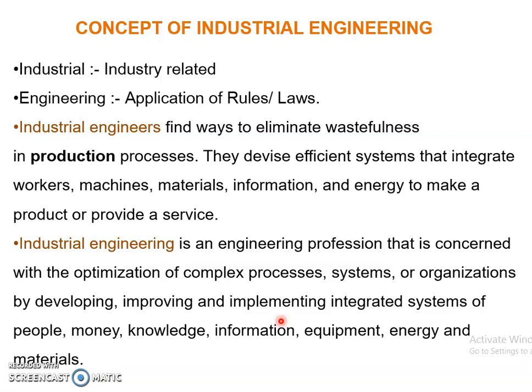Now let us discuss the concept of industrial engineering. The term industrial relates to tasks or terms related to industry. Engineering is nothing but the application of engineering rules or engineering laws. So what are industrial engineers?